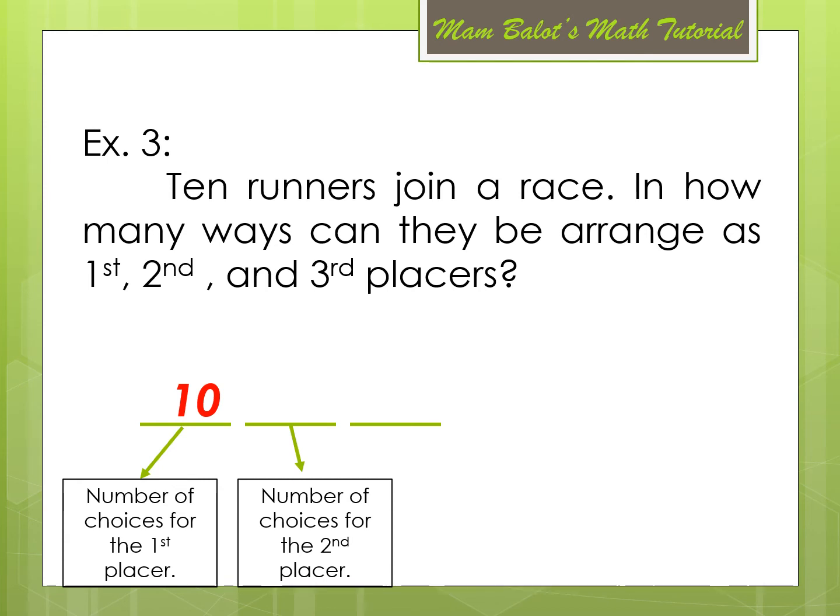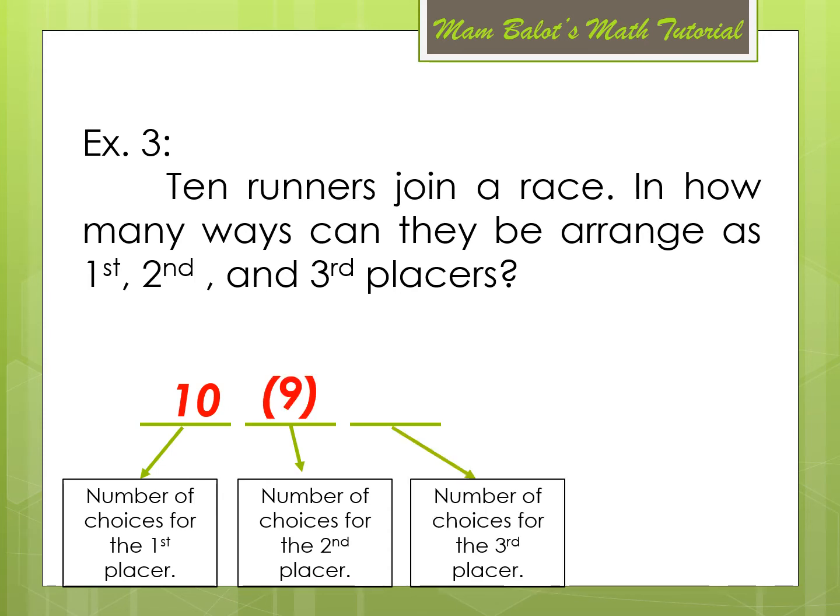Since we already chose the first placer, we have only 9 left for the second placer. And then the number of choices for the third placer will only be 8. So we have 10 times 9 times 8, which is equal to 720. So there are 720 ways to arrange 10 runners as the first, second, and third placer.